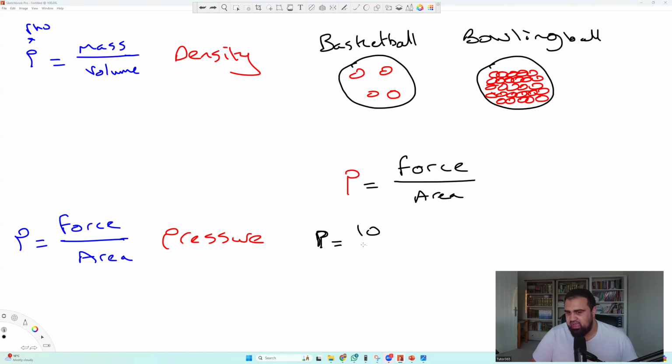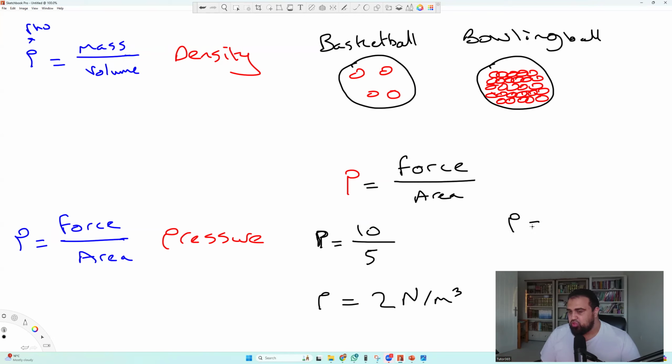We'll forget the units for now. Over the area of your palm, let's say it's 5. Don't worry about units, just 5. So what's the pressure? It's equal to 2. If you want to be technical, it will be 2 newtons per meter cubed. Right? It'll be 2.